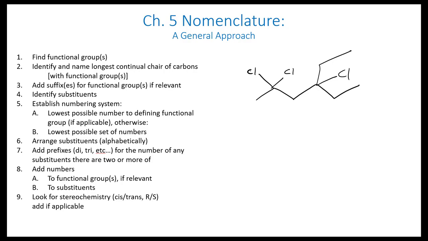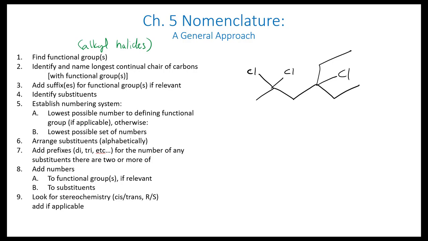Now, following our set of rules, the first thing that we would do is to identify any functional groups that are present. And in this case, we have alkyl halides, which are good to know in terms of identifying reactions, but for naming, they're just going to count like regular substituents.